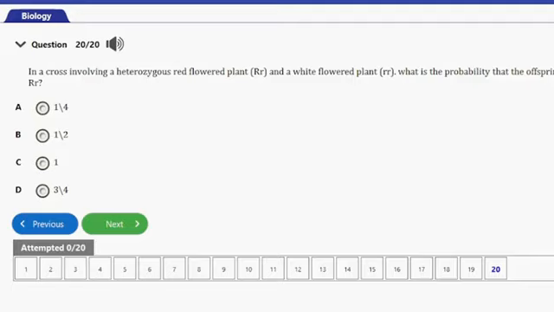Actually, it's 2:2, which results to 1:1. So with this, you know that the ratio is going to be 1:1, and then since it's 1:1, you know that out of every two we have one heterozygous Rr, and that's it for that question. 1/2 is the answer, and that's option B.